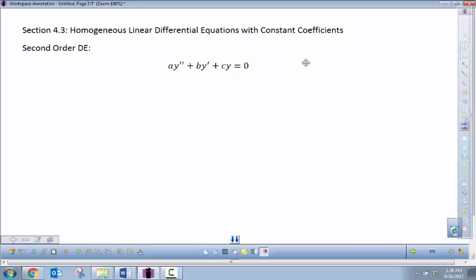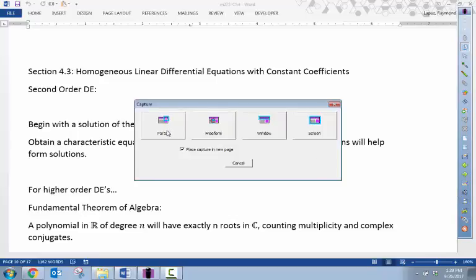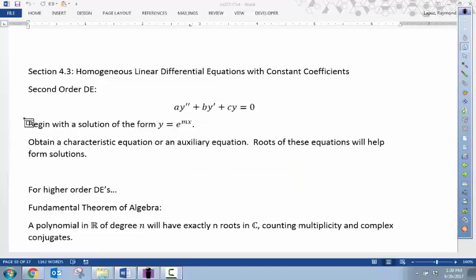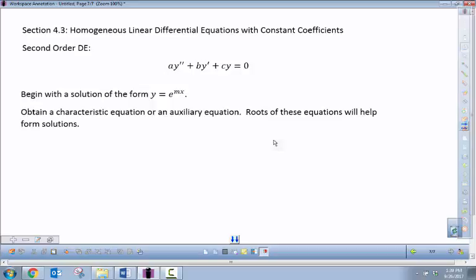And the power, we'll just refer to the power as a variable for the moment. And what we're going to do is come up with an equation that we'll call the auxiliary equation, to help us find the roots of this, and that helps us find m.